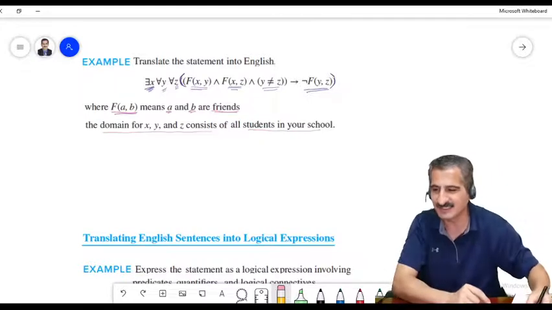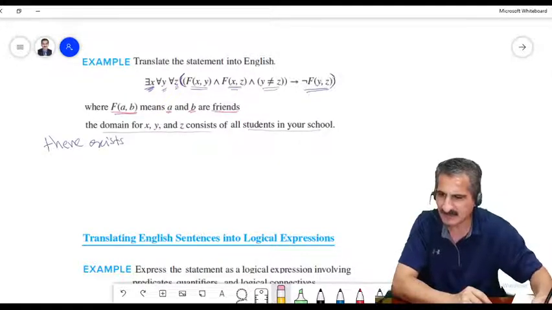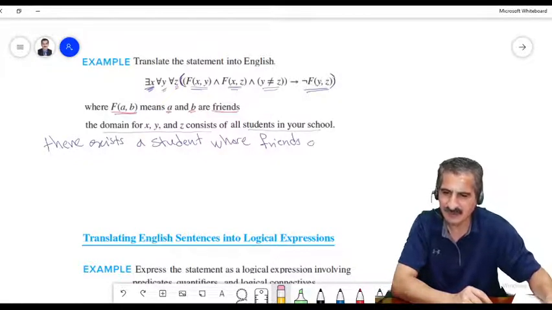So that statement means there exists a student whose friends are not friends.